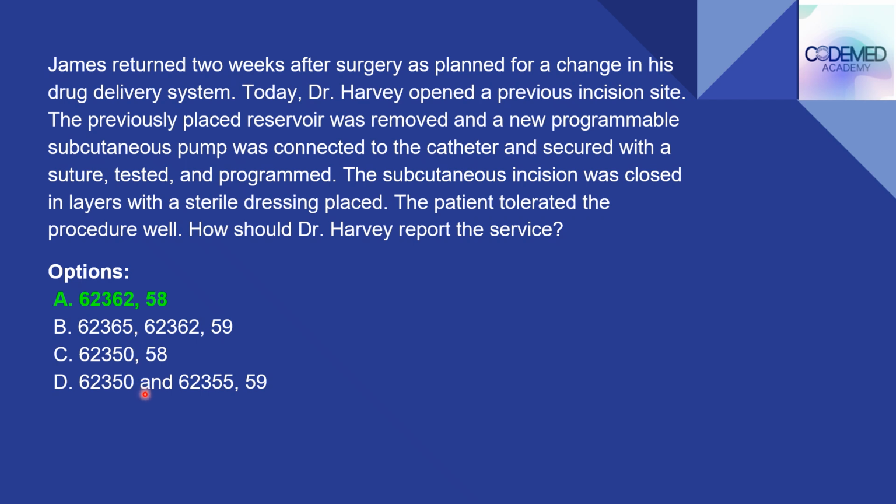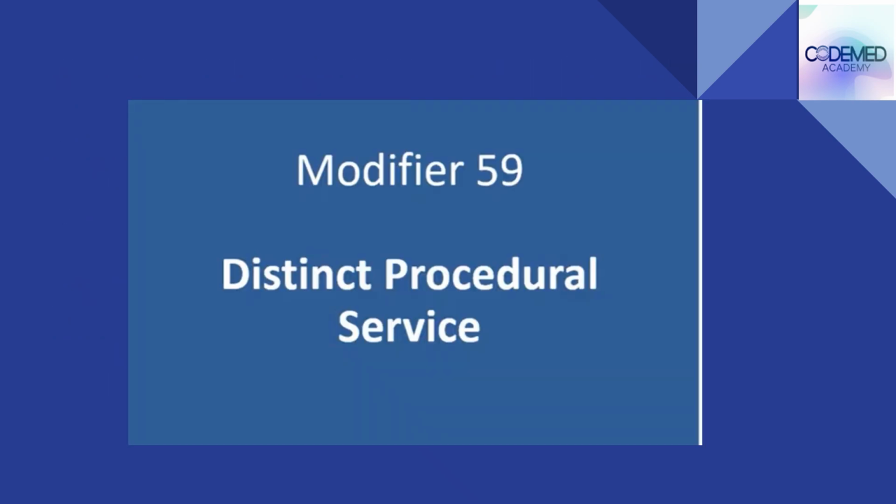And if you look at all the codes, 350 is the implantation and revision, repositioning. But we need to even check the type of the pump, because here it is the programmable pump, and that's what is put in, and that's why this is the correct answer.